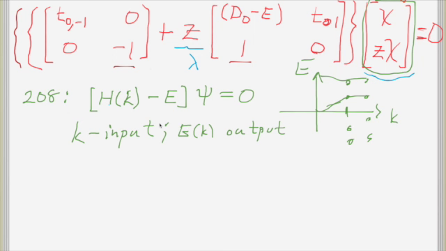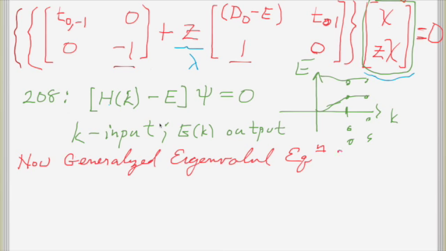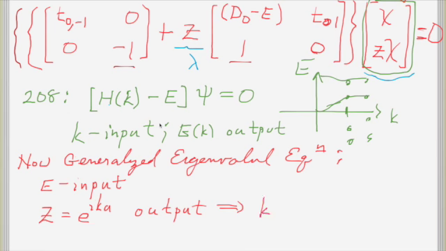So now for our generalized eigenvalue equation, E is an input. And z equals e to the i k a is our output, which means that taking the log of that, k is the output.